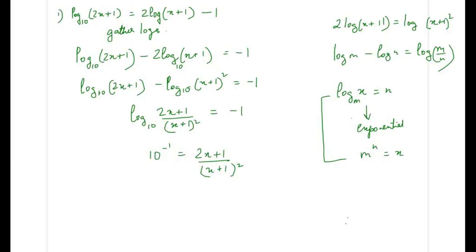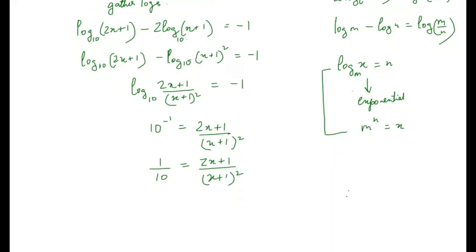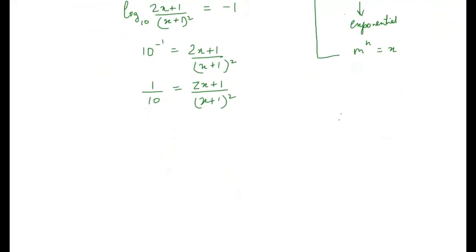So now we can rewrite this and solve it. 1 by 10 is equal to 2x plus 1 over x plus 1 the whole squared. Now it's just algebra. So cross multiply, you get x plus 1 the whole squared is equal to 10 times 2x plus 1.